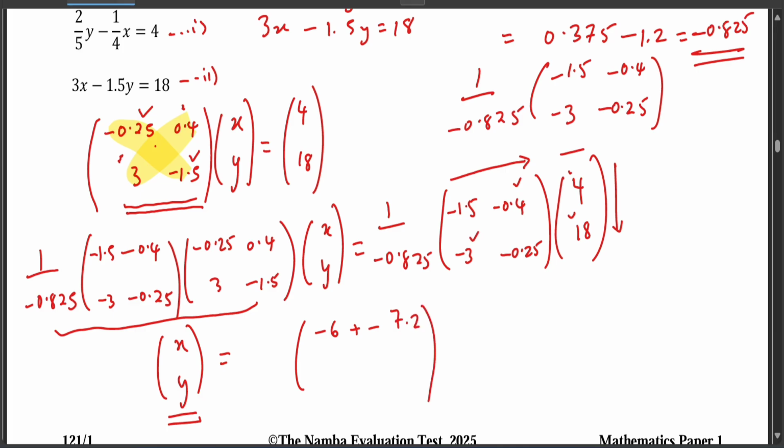Negative 3 times 4 is negative 12, and negative 0.25 times 18 is negative 4.5. Remember we still have the 1 over the determinant.